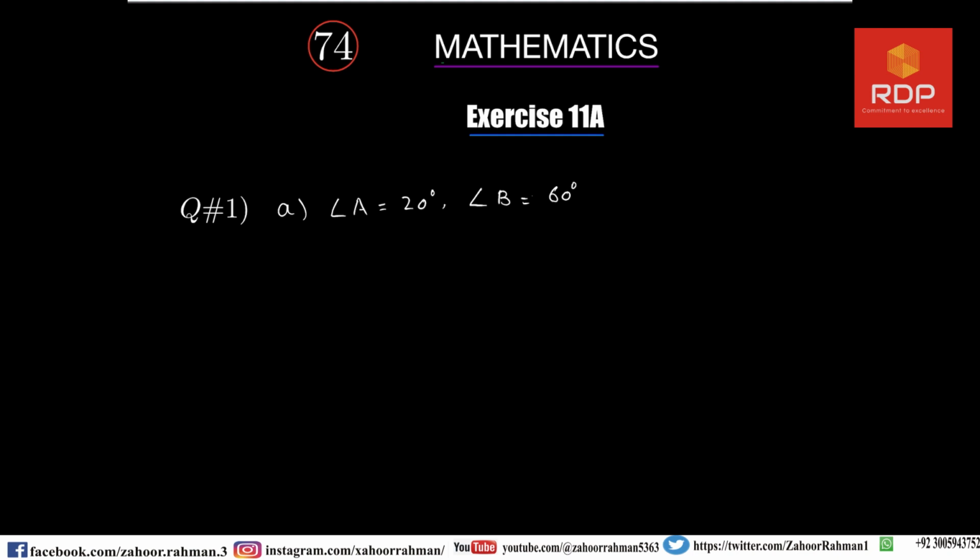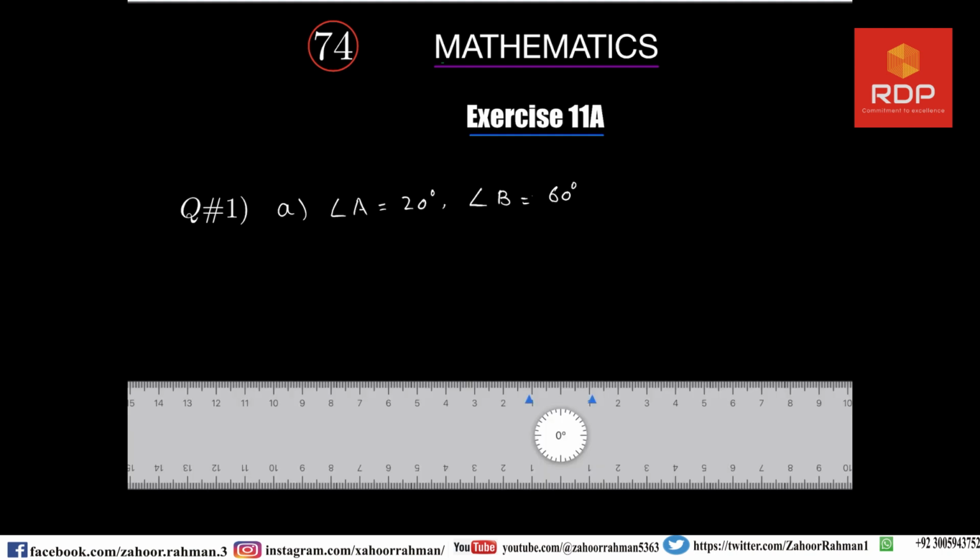So in the first question, they have given us angle A is 20 degrees and angle B is 60 degrees. So let us sketch the triangle. For that I need the ruler. So I am bringing this ruler and I am drawing a line, because it is not particularly mentioned to draw the line of this much length.